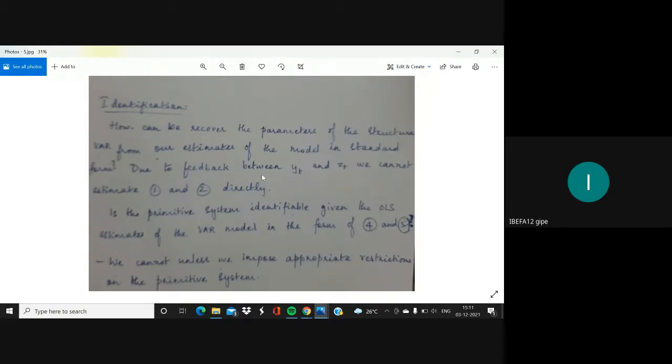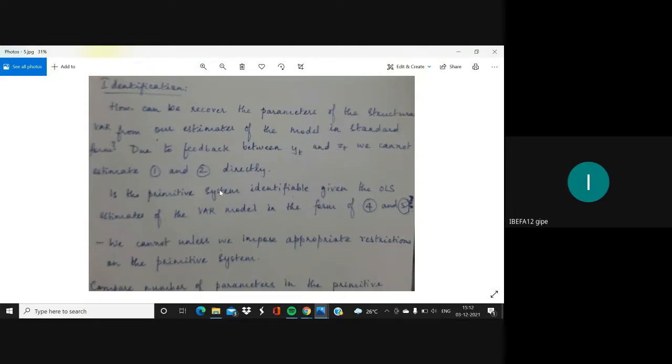Now, due to feedback between yt and zt, we cannot estimate 1 and 2 directly. This is what I had mentioned earlier, that since the contemporaneous effect is there in equation 1 and 2, you will not be able to estimate equations 1 and 2 directly, since the regressors and error terms will be correlated. So instead, we try and work with the VAR model in the standard form.